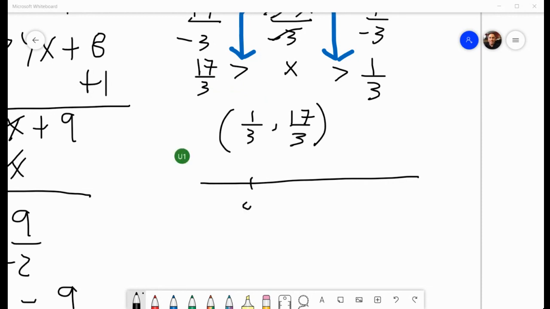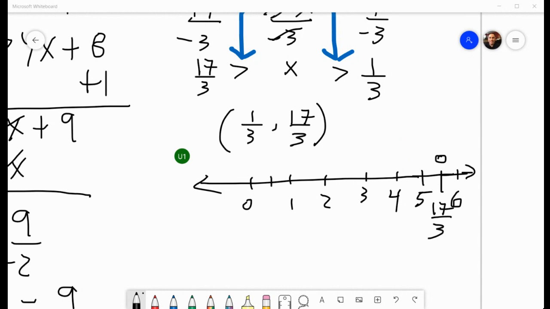you would have 0, 1, and 17 over 3 is between 5 and 6. I'll just do this, 6. Okay, just making part of the number line. Bear with me. There we go. So we have 17 over 3, 1 over 3.